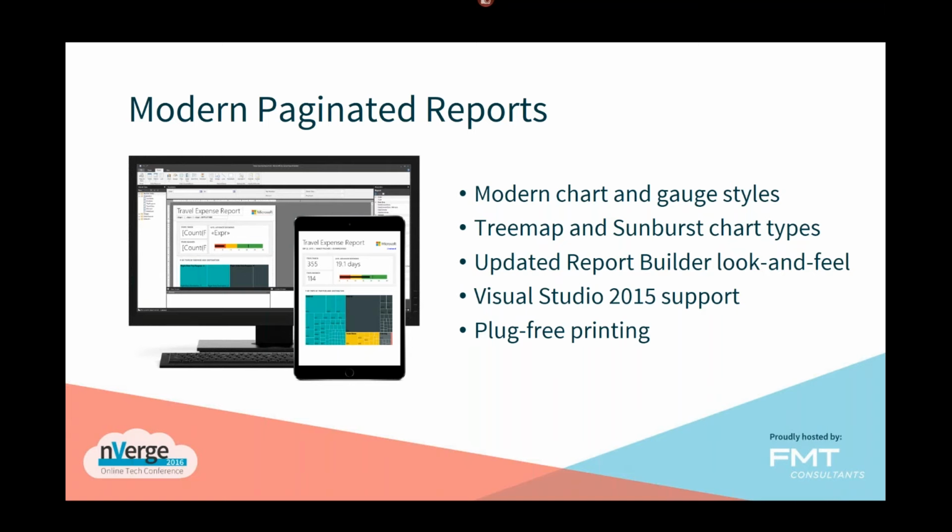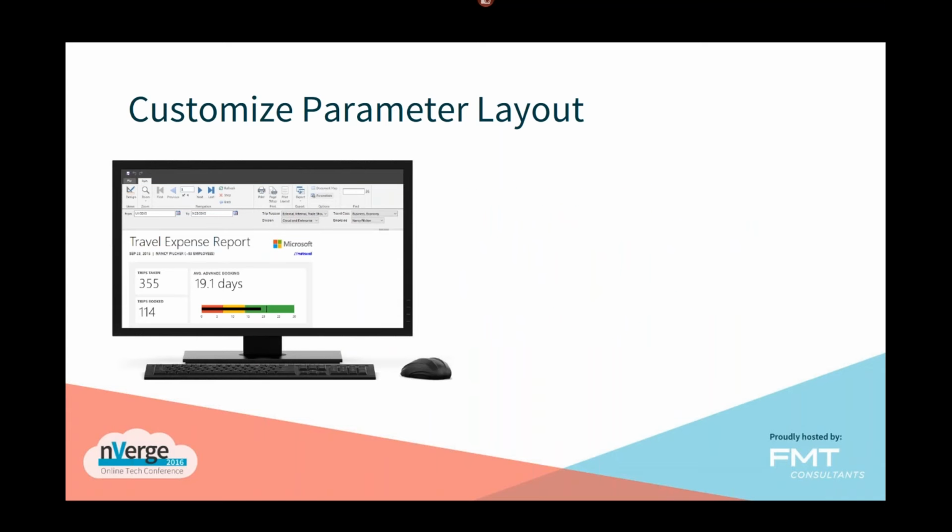When we get into the paginated reports, it's still pretty much the same way we've always made reports, but they modernized everything, so the look and feel is more modern with the colors and the layout. They've added some great new chart types to SQL Reporting Services now.